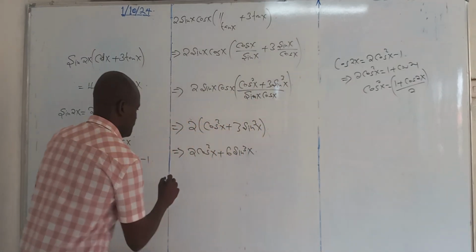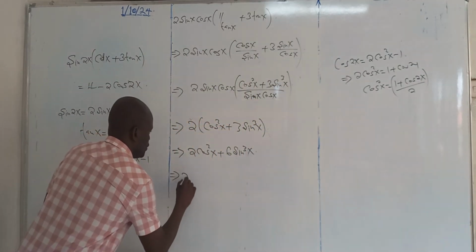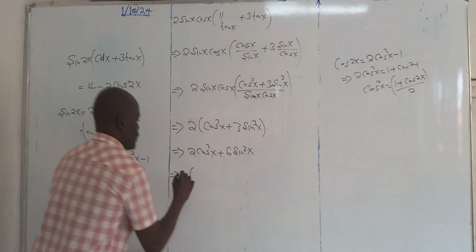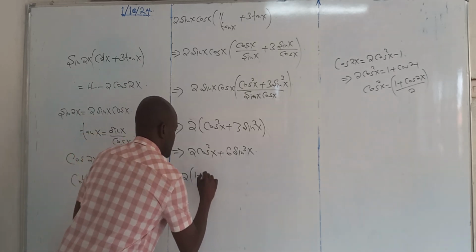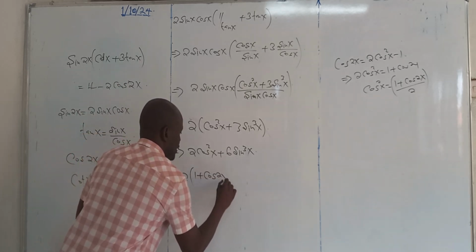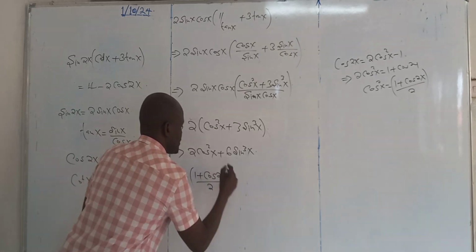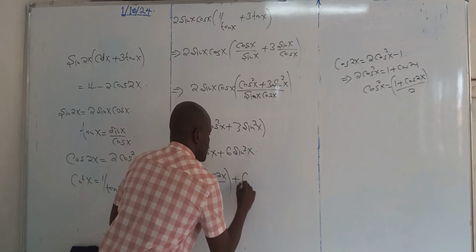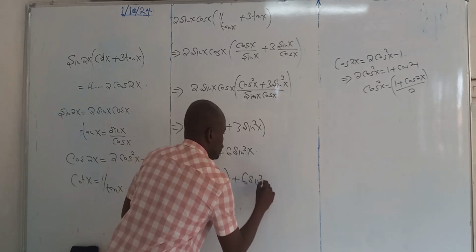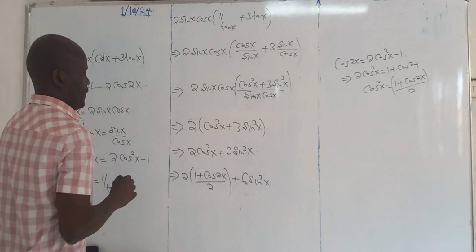So it will be 2 into 1 plus cos of 2x over 2 plus 6 sin cubed x.